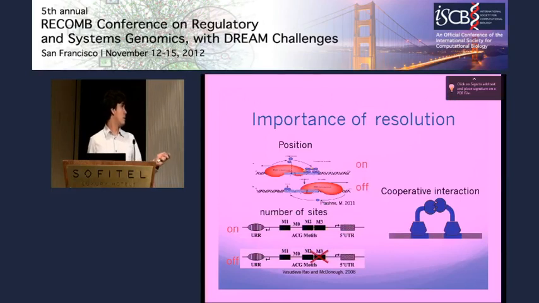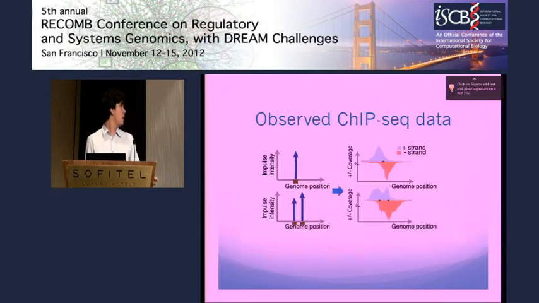The importance of resolution can be exemplified by the fact that the position and the number of sites matter to define if a gene is going to be expressed or not, and also to identify cooperative interaction.